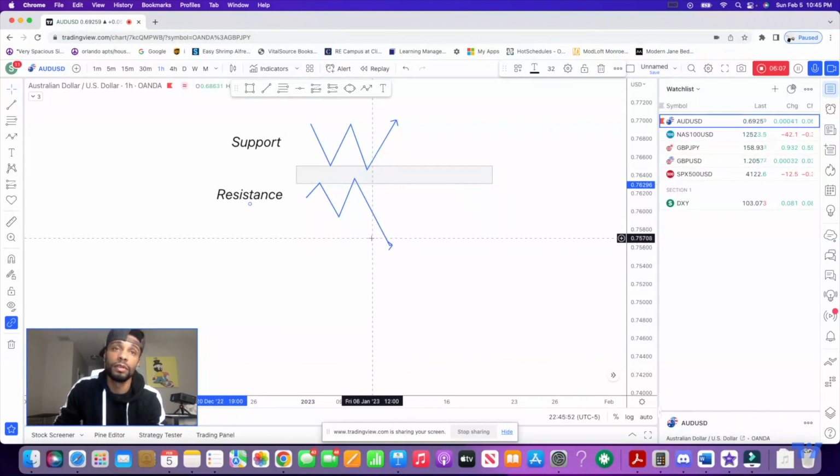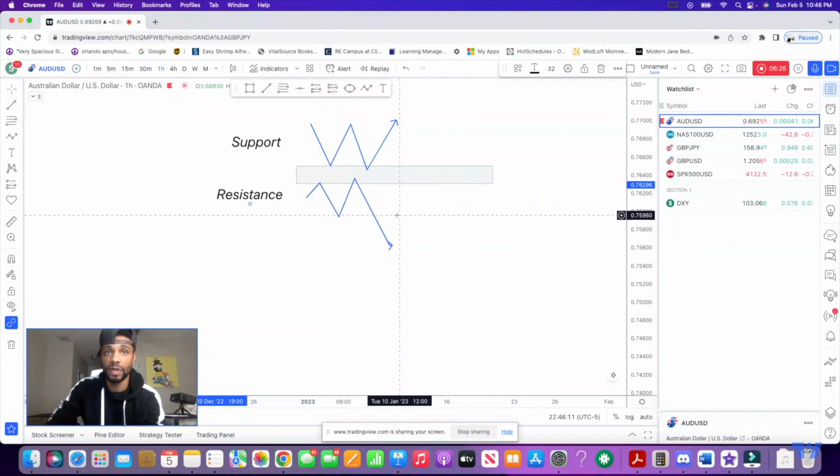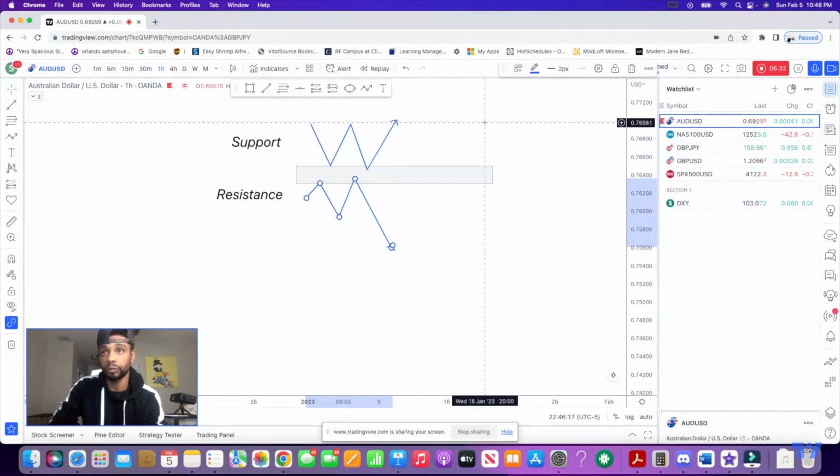Another example: think of a ceiling. If you try to push through the ceiling, your arms cannot push through it, so you have resistance to the push. That's an easy way to remember support and resistance.